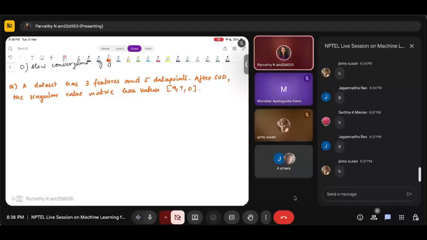So that's a data set, and it has three features and five data points. They did SVD and the singular values are 9, 7, 0.